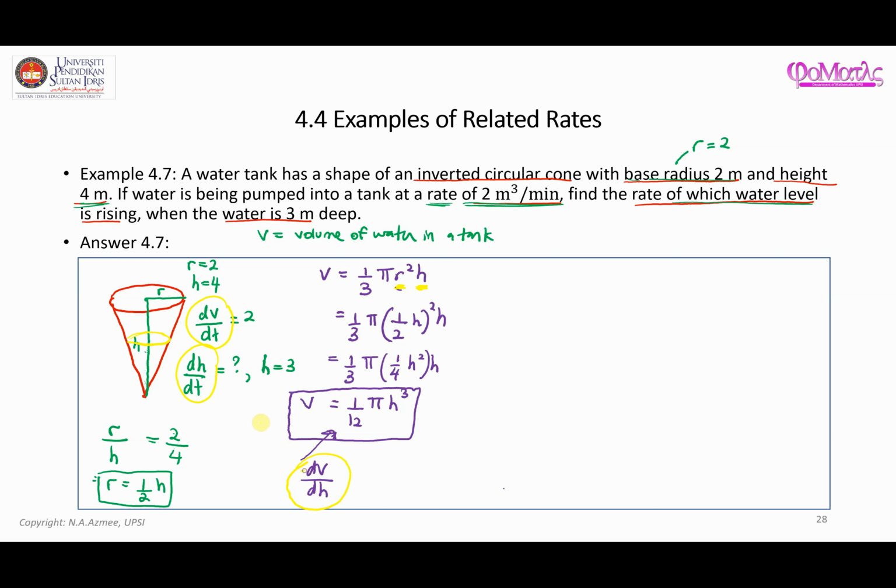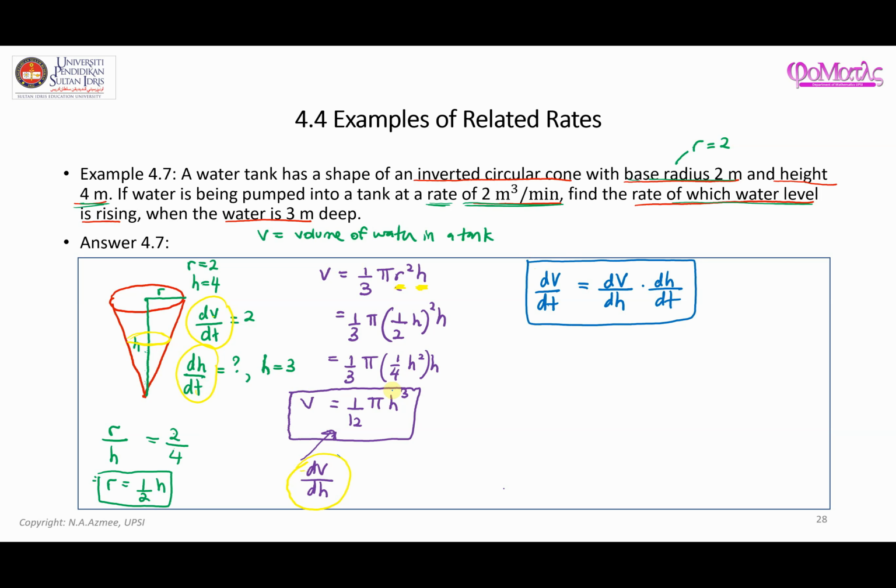So how do we link these three expressions here? One way of doing it is just by saying that dv/dt is equal to dv/dh times dh/dt. So this is how we can link up the three expressions here: dv/dh, dh/dt, dv/dt.